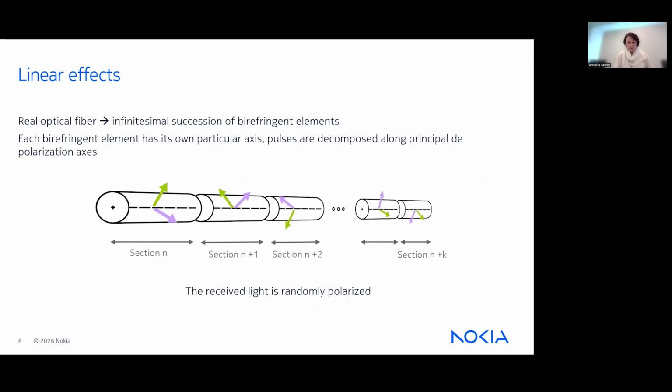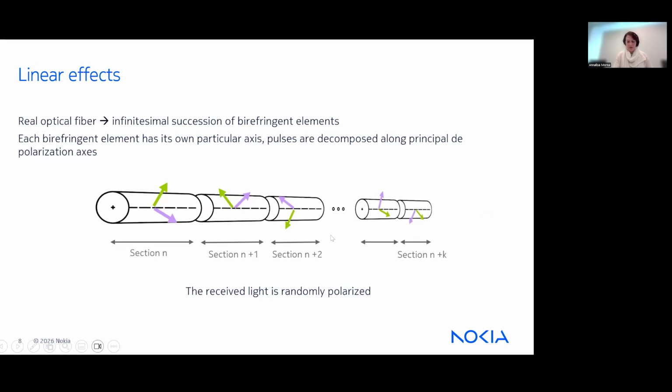A fiber results to be decomposed by a succession of several birefringent elements, each with its own polarization axis, as it is represented here.